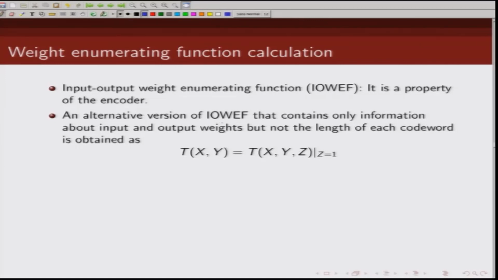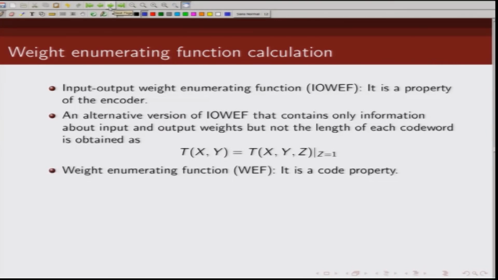An alternative version of this input output weight enumerating function is one that contains only information about the input and output weight and not the length of each code word. So, if we put z equal to 1, this gives us an alternative version of the input output weight enumerating function. And what is the weight enumerating function?